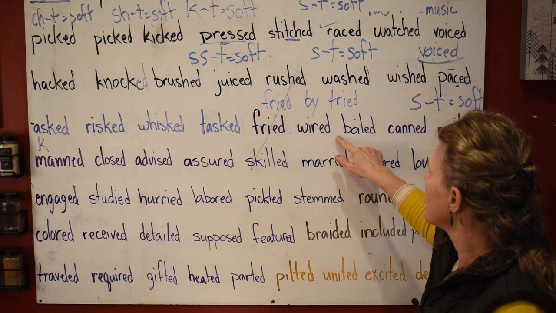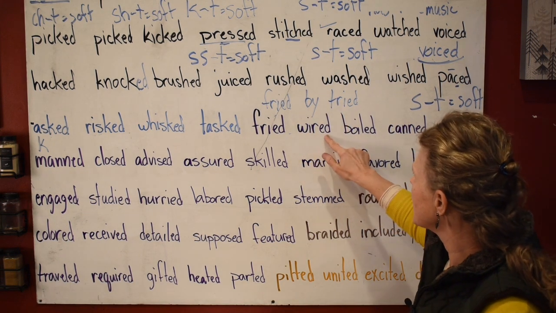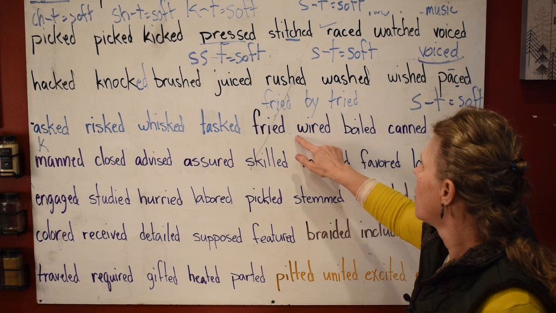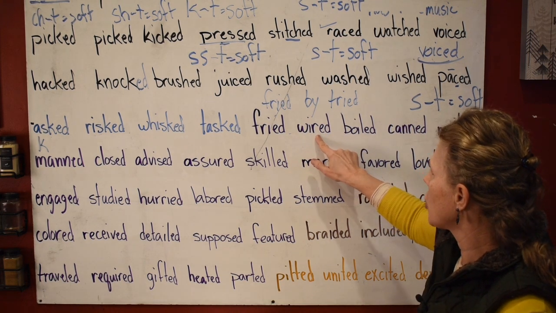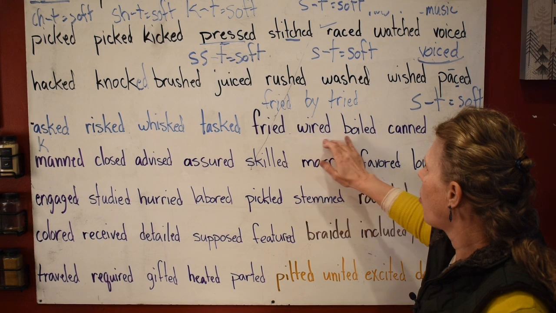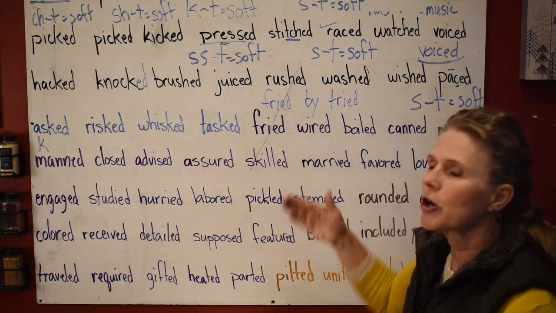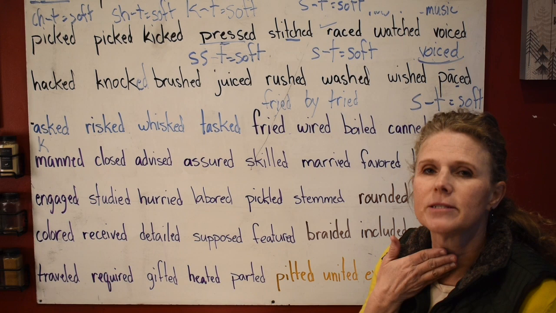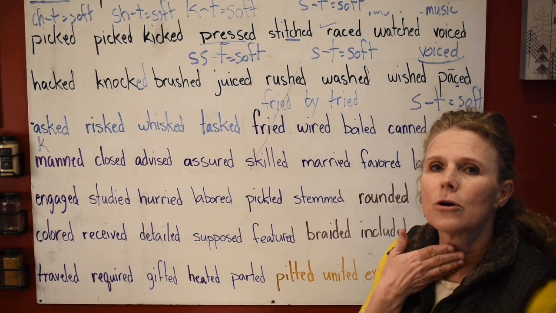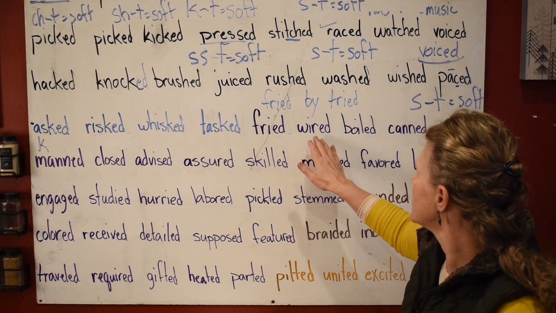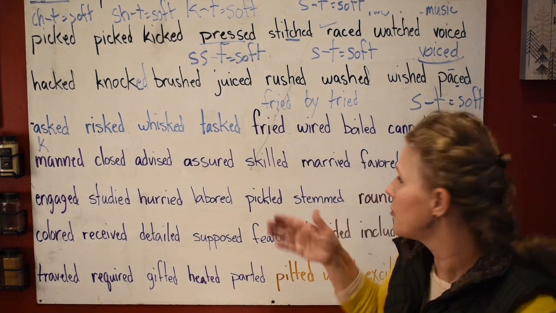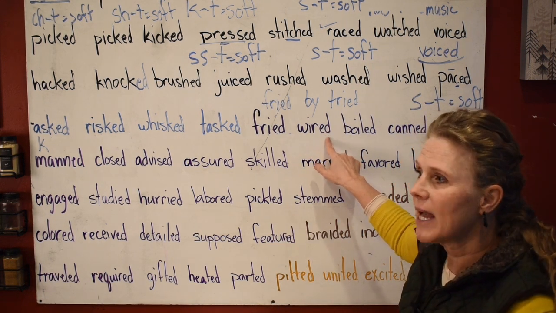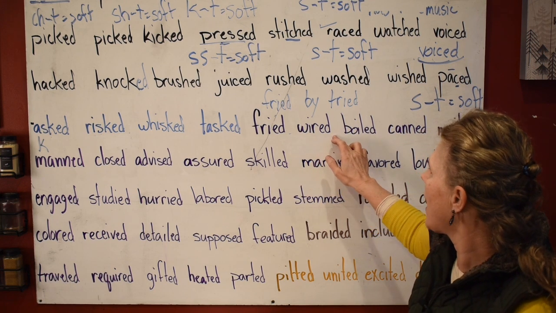Wired. So this is a silent E syllable. Wire, wired. W-I-R. Wire, wired. So see how the sound, touch your voice, and this is a hard sound. So this D is saying the D sound. So go to wired.